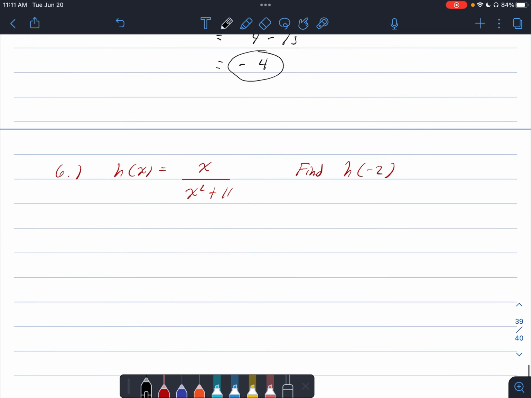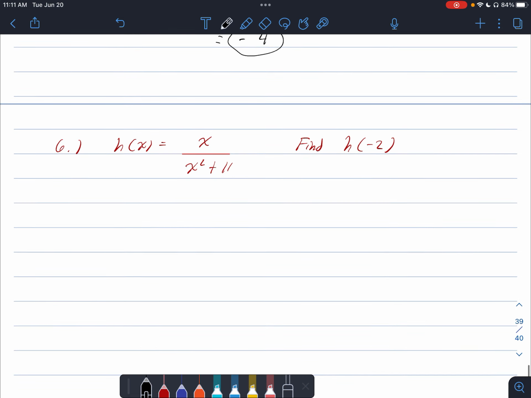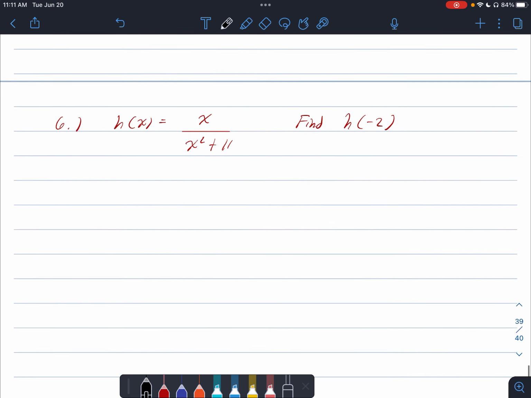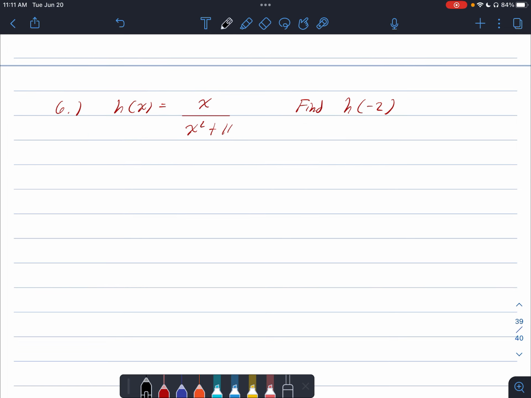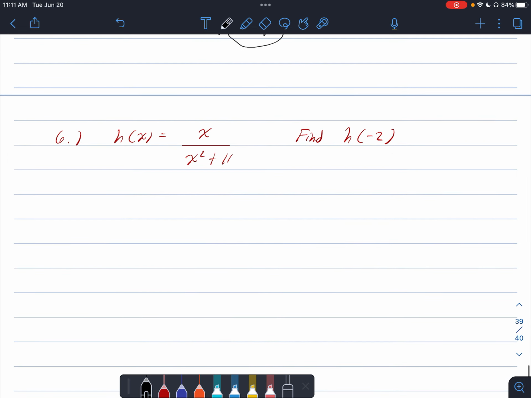Okay, let's take a look at this one. Here we have h of x is equal to x over x squared plus 11. We want to find h of negative 2. Okay, so we'll plug in negative 2 wherever we see x, so we'll have negative 2 over negative 2 squared plus 11.